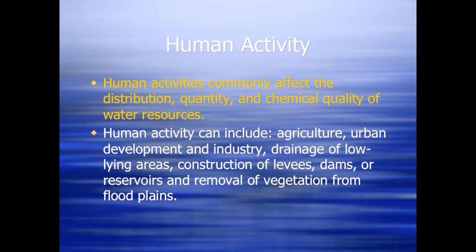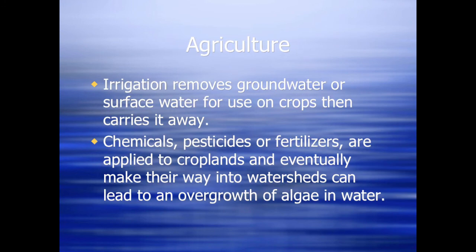Because if we put concrete and asphalt all over the Earth's surface, we are blocking a way for water to move through the ground to get back to the water table to refill it and restore its supply. So every time we're building roads and streets, we're decreasing the area where percolation can occur for water to move back down into the water table.